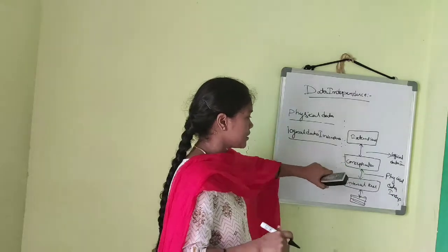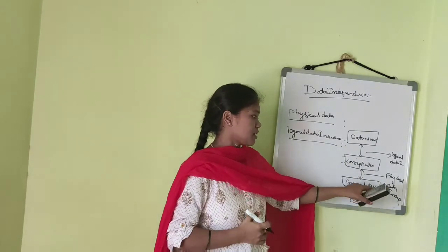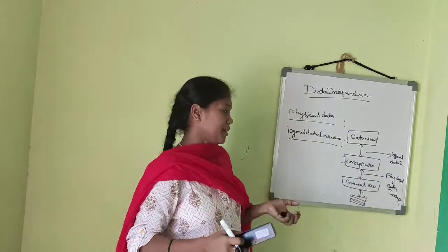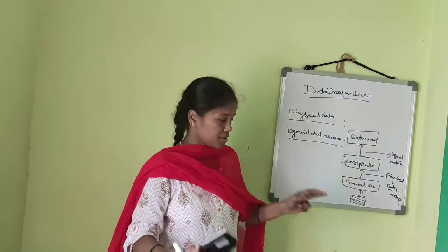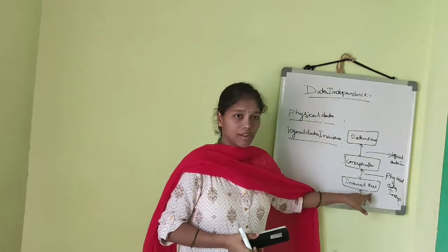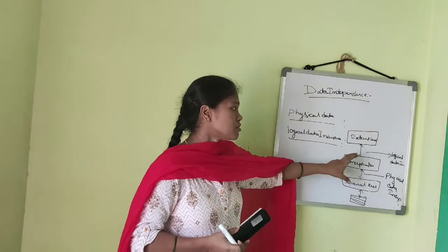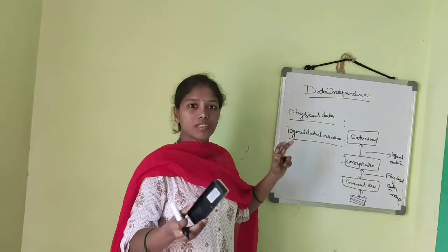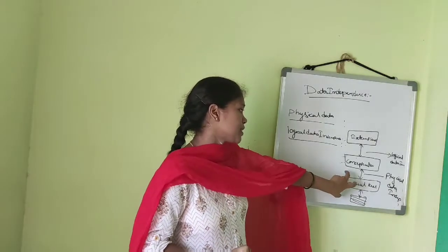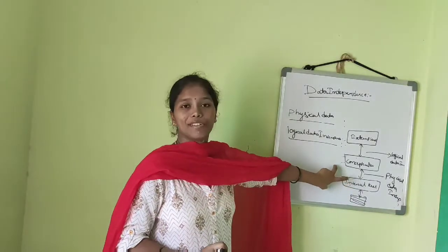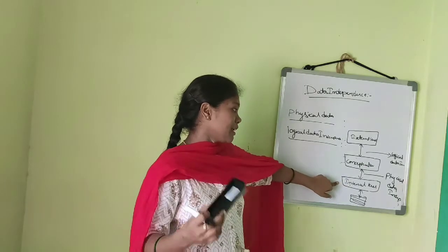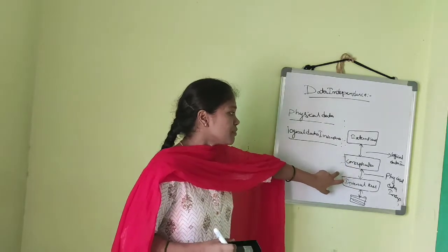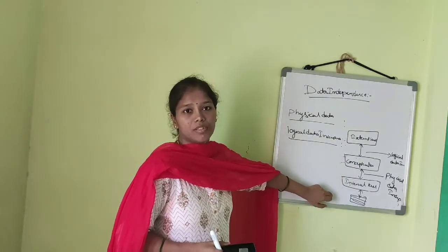And one more thing: if there is any change in the internal level, I mean the physical storage structure is changed in the internal schema level, then the conceptual level structure is not affected. What is the internal level? It shows the physical structure of the database.